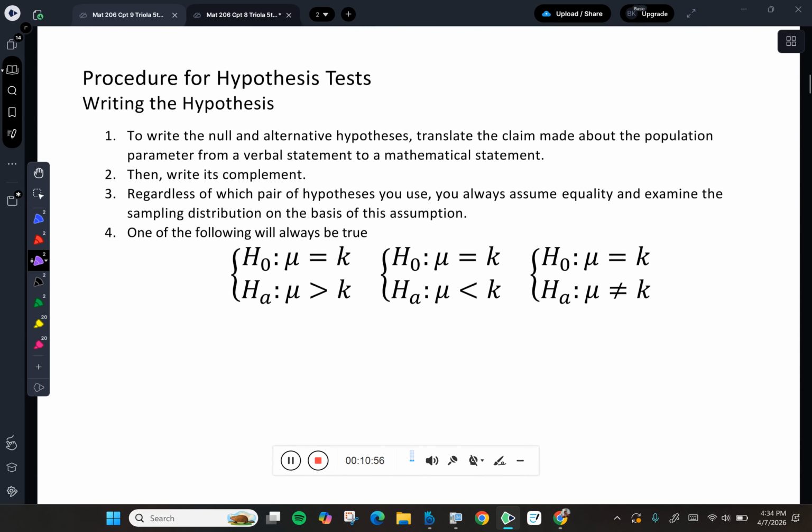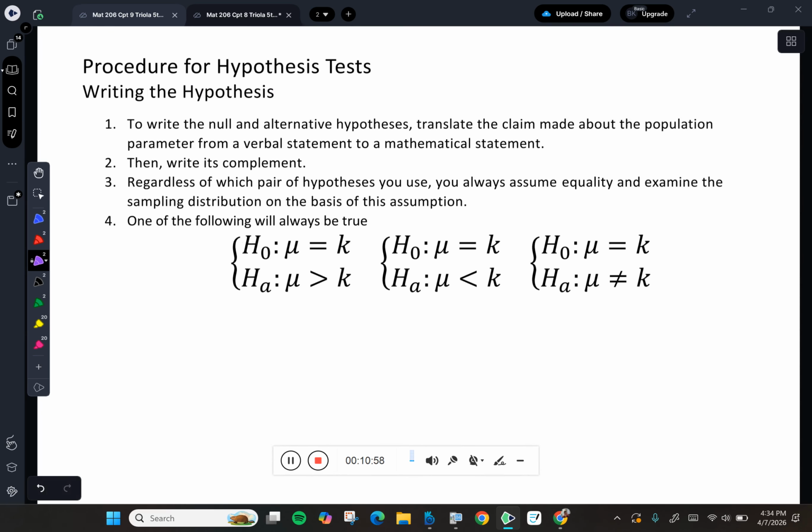When we're writing our hypotheses to prepare for the hypothesis test, we find the claim that is made in the statement about a population parameter. That claim will be one of these 6 statements down here. Once we find which one is the claim, we then write its corresponding pair, its complement.